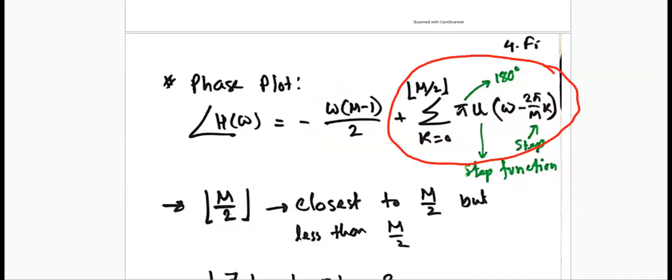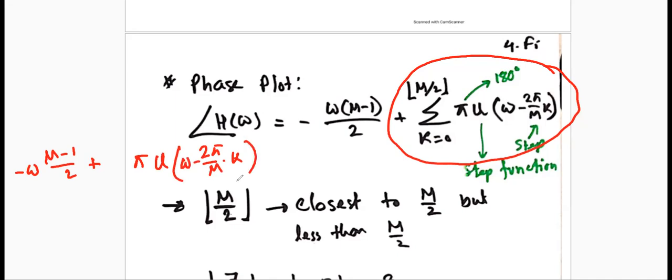Let's say minus omega (M minus 1) divided by 2, and we need to add what? Pi. When? At the location of twice pi divided by M times k. At that location, we need to do that. So that's why we are putting a unit step function of omega minus this.